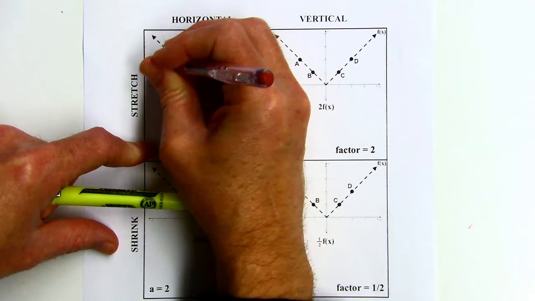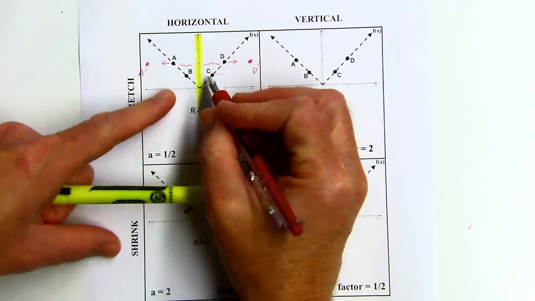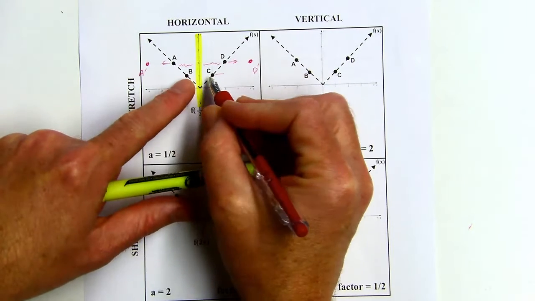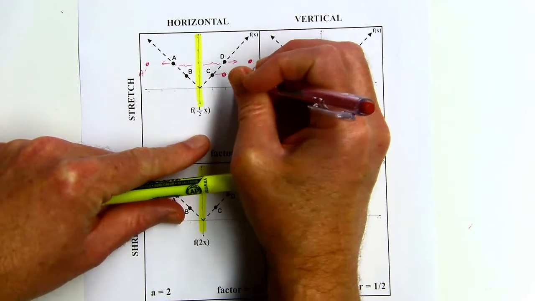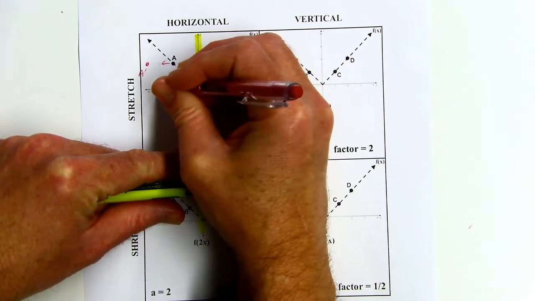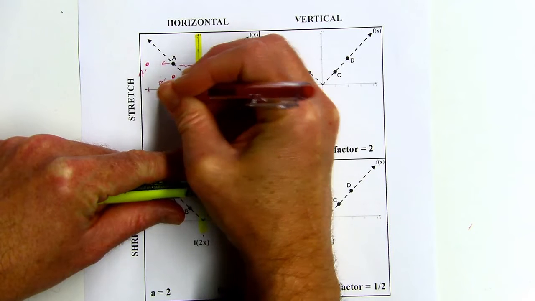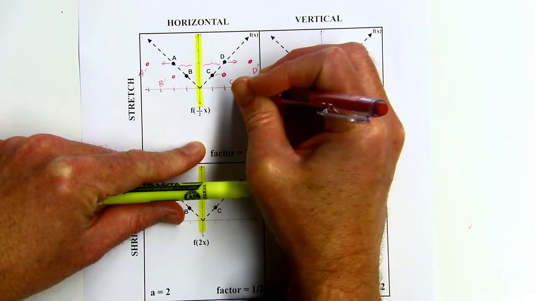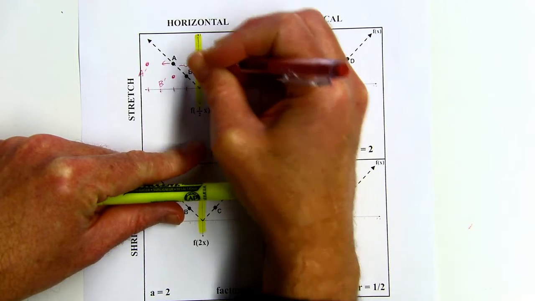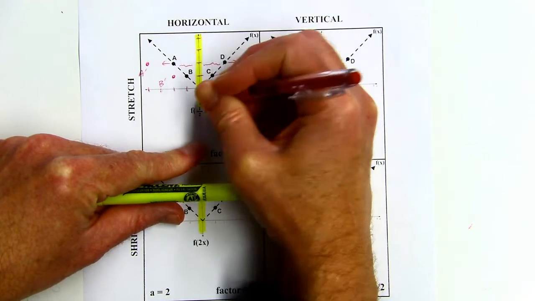Same thing's going to happen over here with the A prime. And those bottom points are just 1 unit away from the y-axis, so I double that. And here would be C prime, and then B prime would be out here. Okay, the graph printed out a little light, so I'm just going to put in the ticks on the axes.